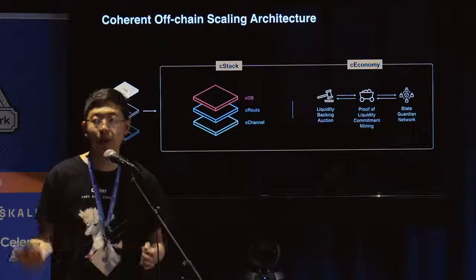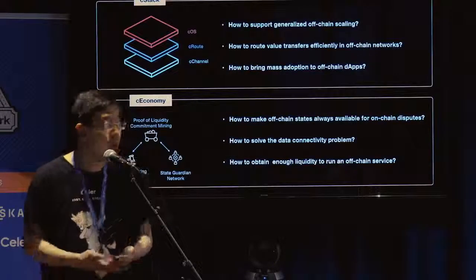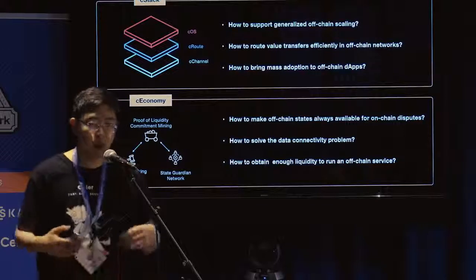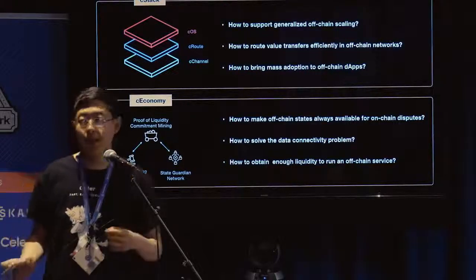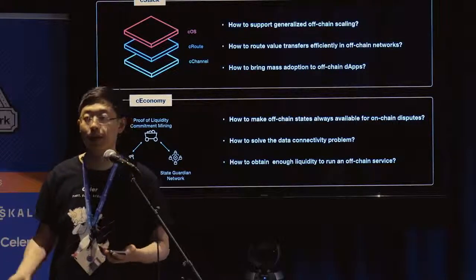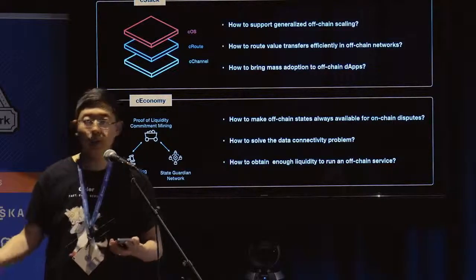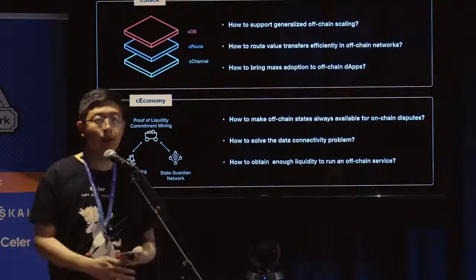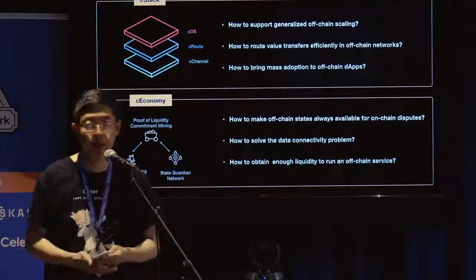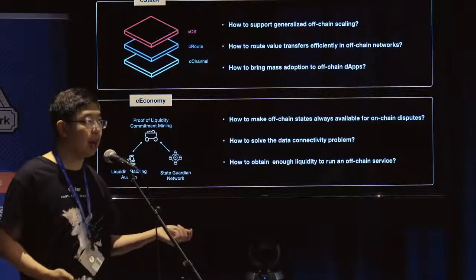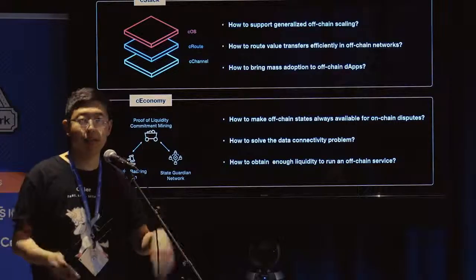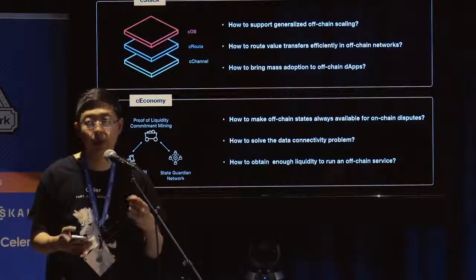There we run all the security aspects, like the watchtower services of the state channel. If you're offline, who will be watching for your state and ensuring the security of the entire network? We implement that as a staking-based sidechain.